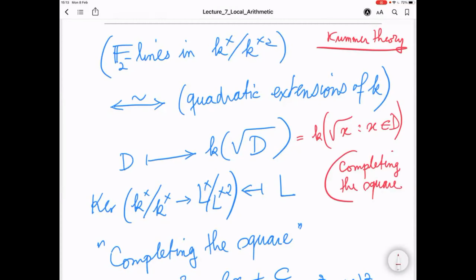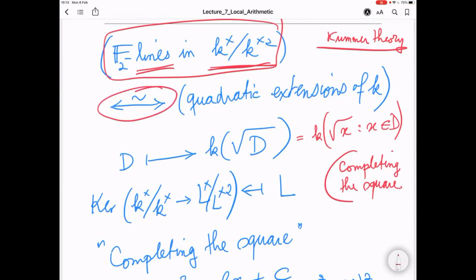It says that whenever I have a field K of characteristic different from 2, and I look at this F2 vector space, this vector space will have some lines in it. So this is the set of all lines in this vector space. The assertion is that it's in bijection with the set of all quadratic extensions of your field K.